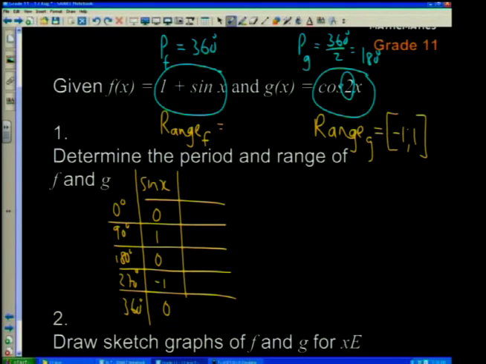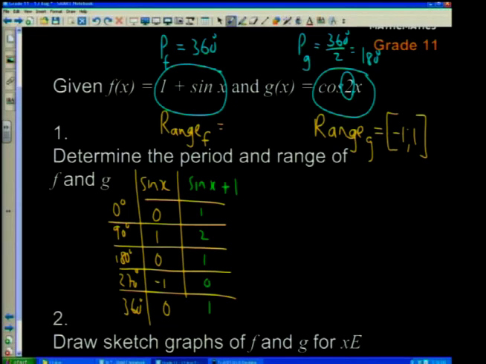Now I'm going to work out sine x plus 1. I'm taking that value, I'm adding 1. I'm taking that value, adding 1, adding 1, and adding 1.